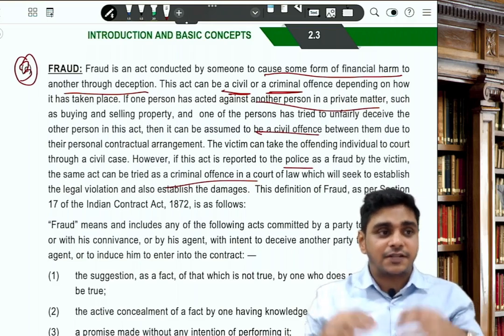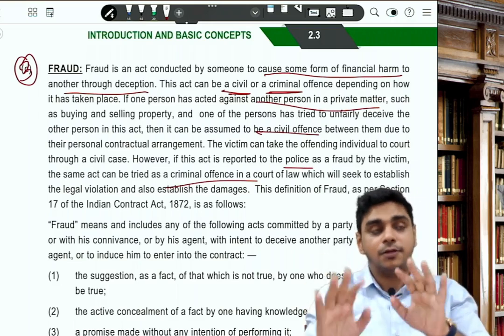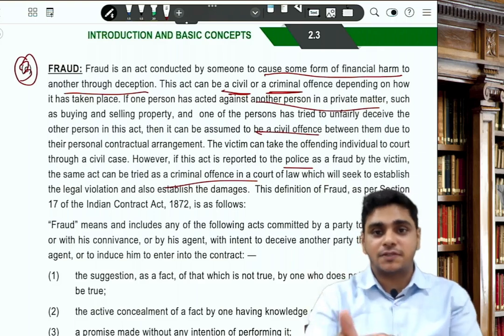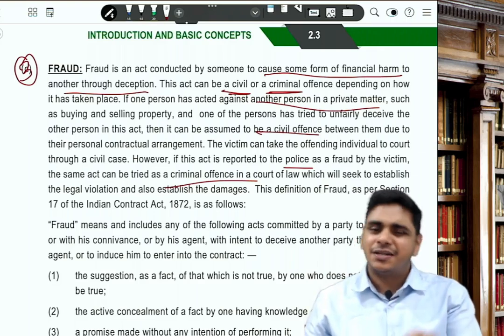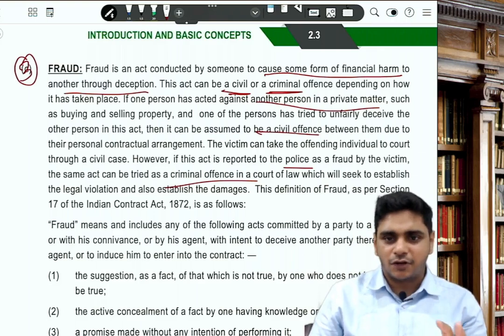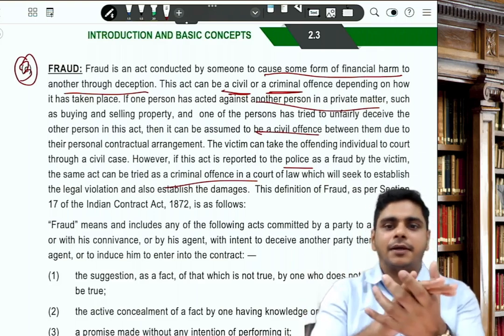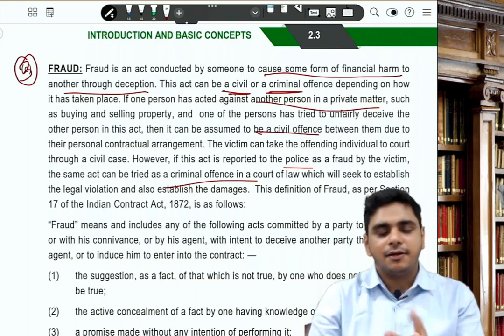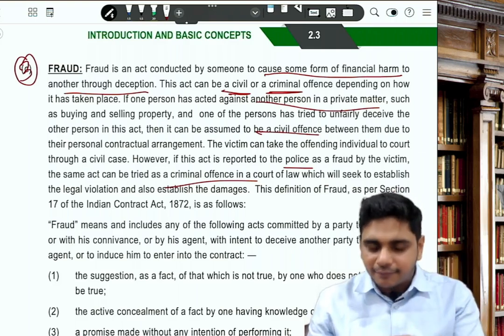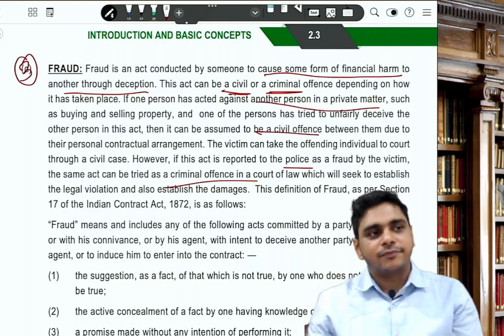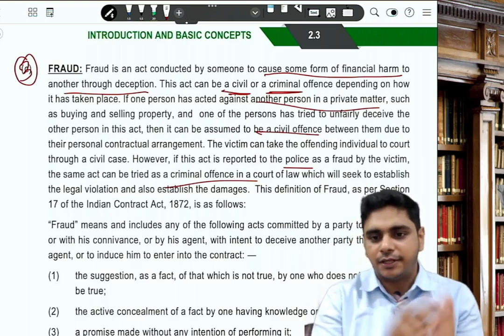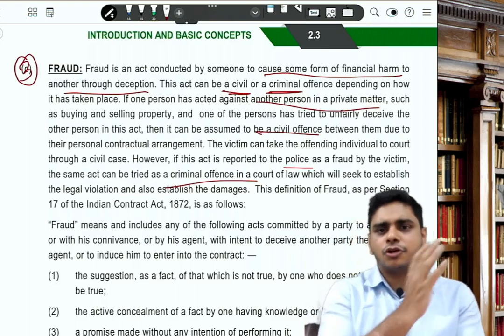For example, if I was riding a bike and somebody else was riding a bike, he broke the signal, so it's a civil offense. He broke the signal and he banged into the scooty of a lady. The scooty fell and the lady also fell. So she got some hurt.